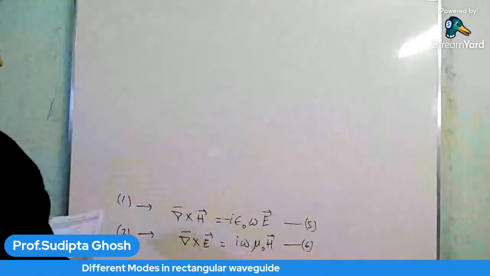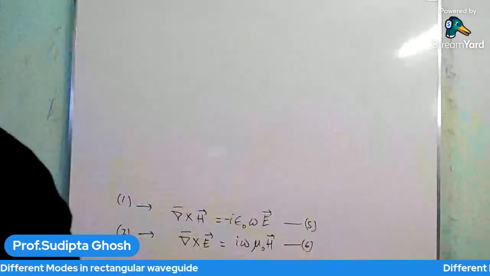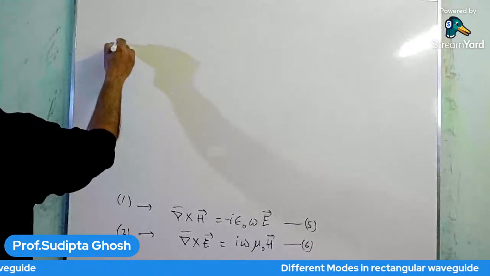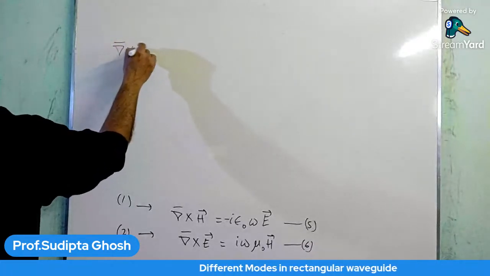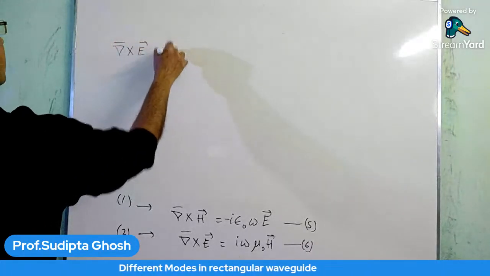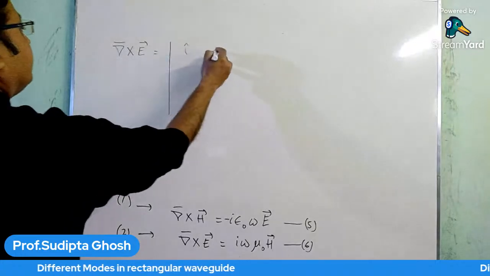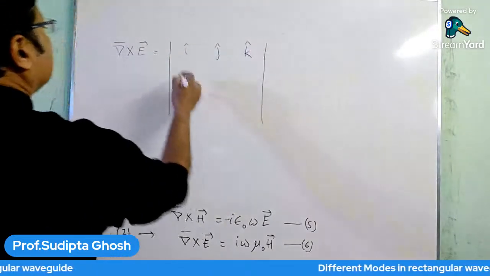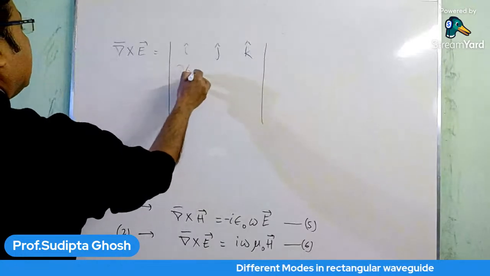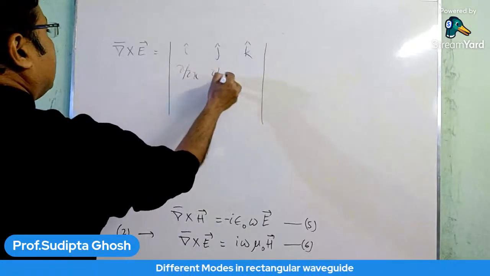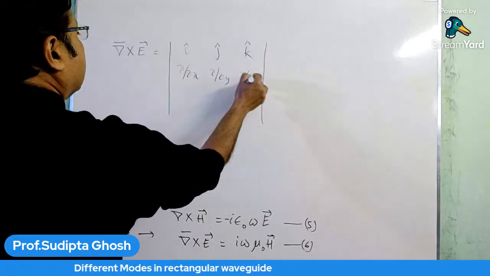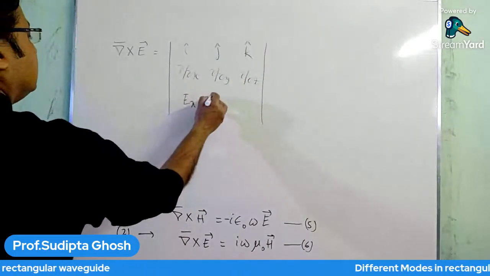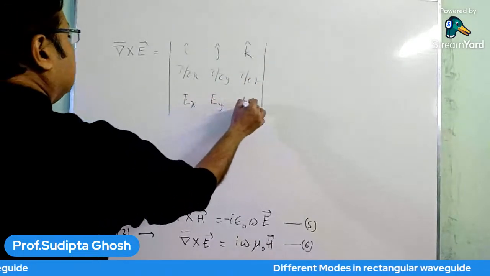As we know, while taking the value of curl E, it will be the determinant of i cap, j cap, k cap, then del x, del y, del z, and E means Ex, Ey, Ez.